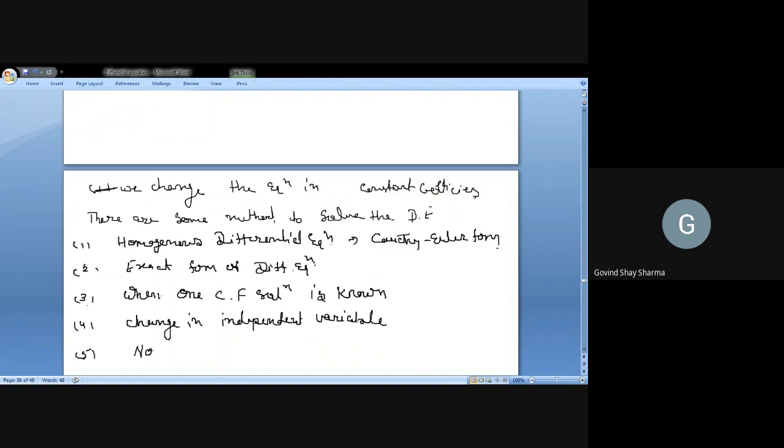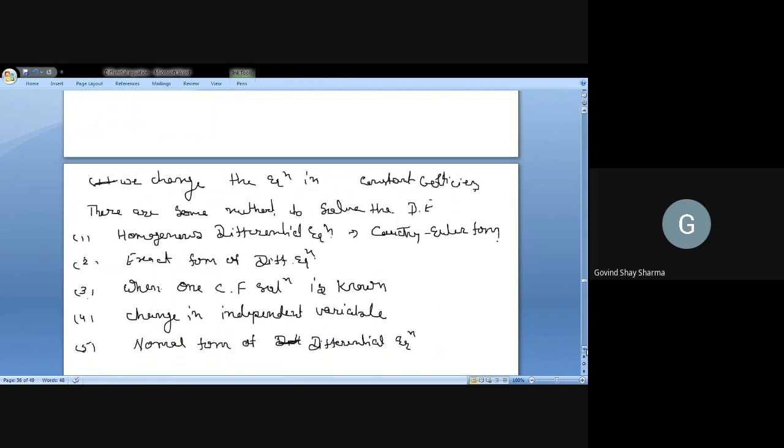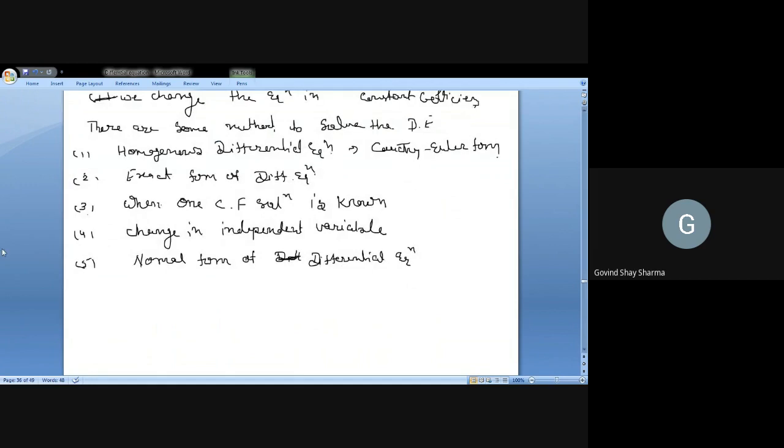Then the normal form of the differential equation, and the method of variation of parameters.